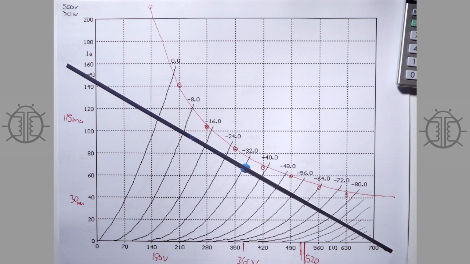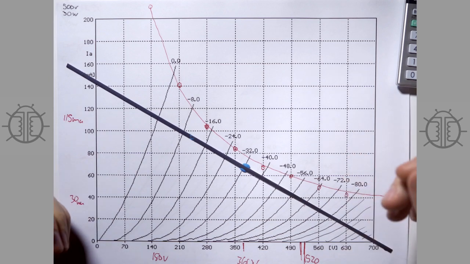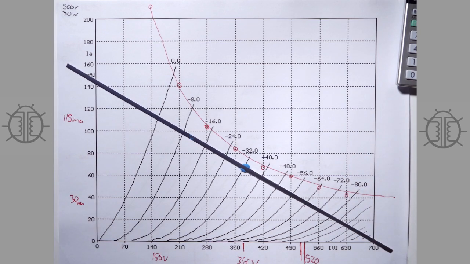Now, an interesting thing about output stages is that obviously speakers don't have a single resistance, they have an impedance curve. So generally speaking, if you're building a guitar amplifier, you're just going to have a single speaker, and the impedance curve will look something like this.